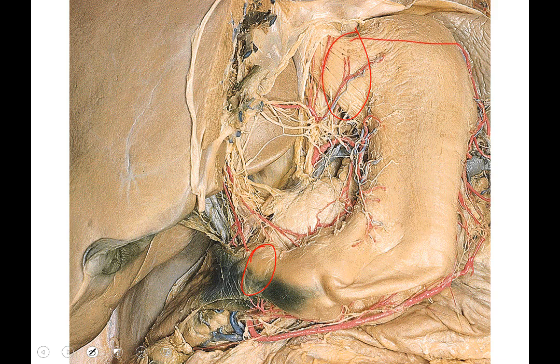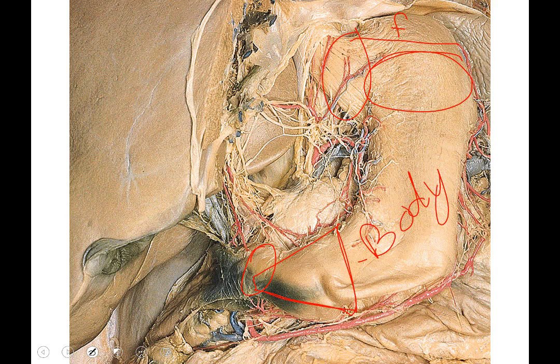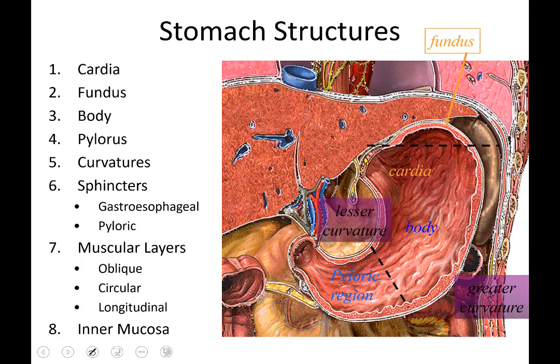If you draw a line here, I'm going to put an F here, that means the fundus, the hump portion of the stomach. Then we have the body in this main region. This last triangular funnel region is your pyloric region, which terminates here in the pyloric sphincter. Beyond that is the small intestine.